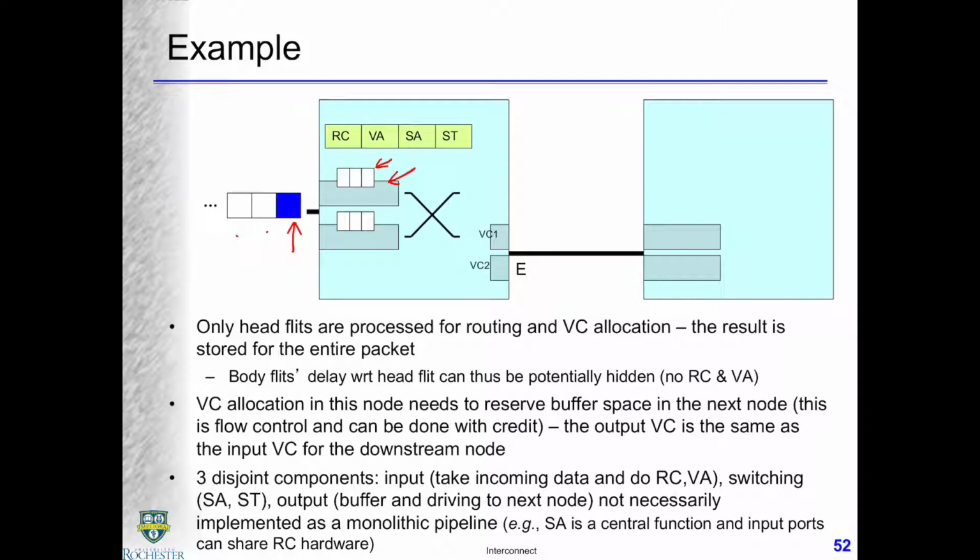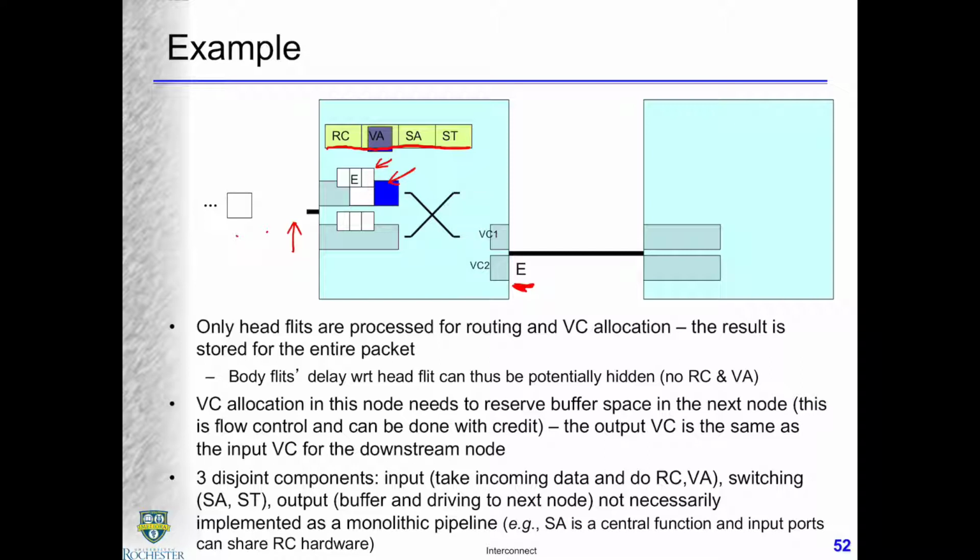And here, this is really just a way of showing the timing of it. So let's say first cycle we got the header flit, so we're ready to process this. So in this cycle we process it. At the end of the cycle we may decide, okay, we're going to go out of the east channel, going there. So then we will say we're in a routed state.